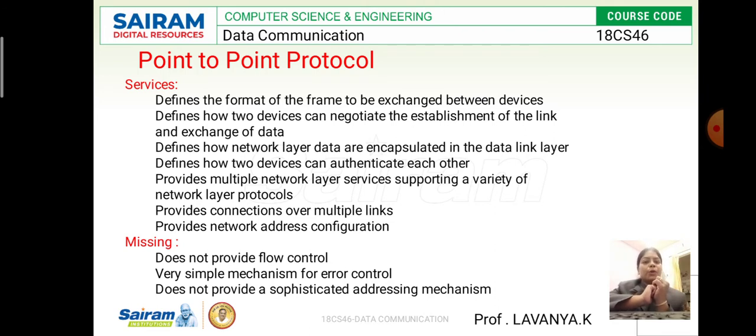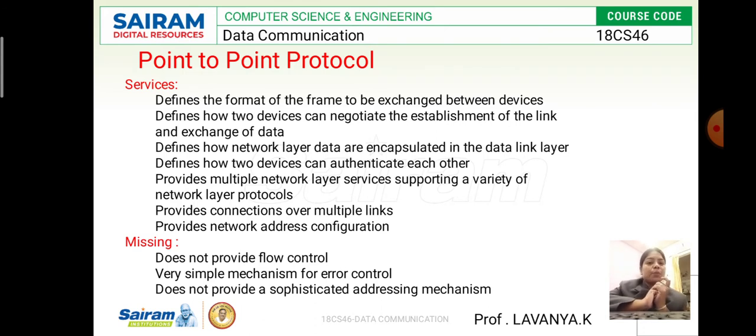This point-to-point protocol totally supports authentication; it works on the authentication technique. Here we classify it into two types of services: the services provided by the point-to-point protocol, and the services not provided by it.